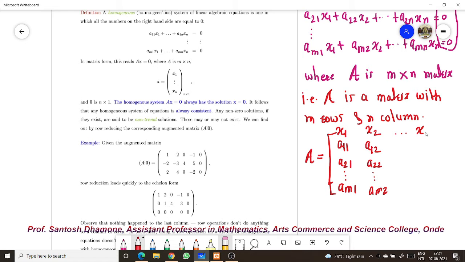In the matrix form, this reads Ax is equal to 0, where A is an m by n matrix.